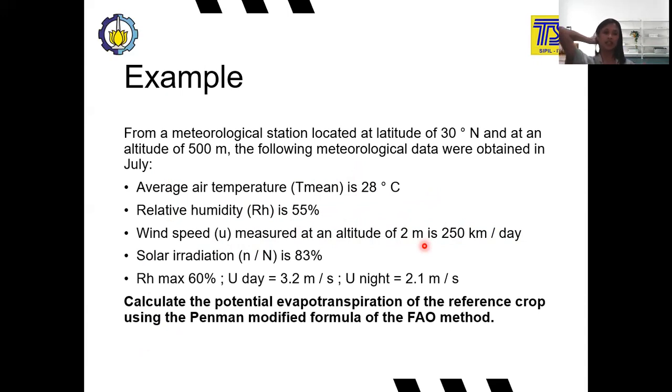And then the solar radiation ratio n/N is 83%, and then RH maximum of 60%, U-day of 3.2 meters per second, U-night 2.1 meters per second. And here you have to calculate the potential evaporation of the reference crop using the modified Penman formula of the FAO method.